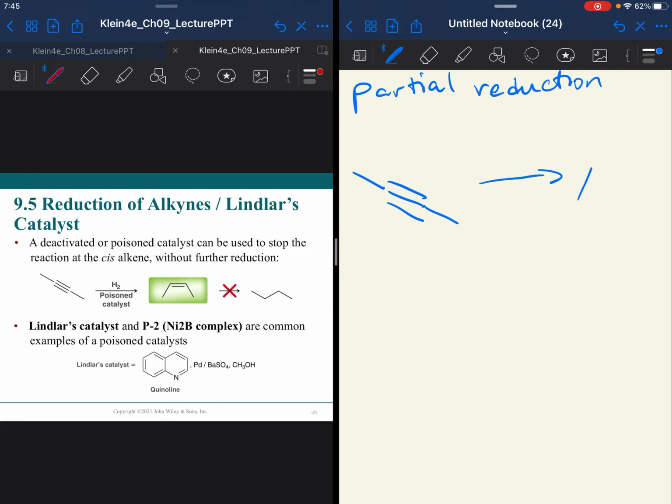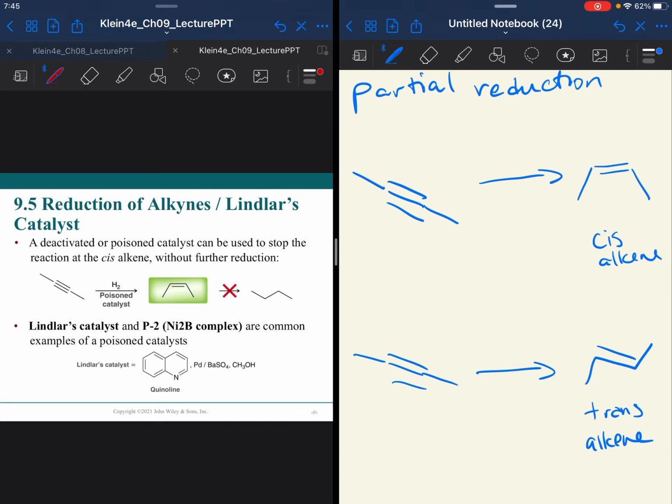We have one reaction that will allow us to make a cis alkene, and we have another reaction that will allow us to make a trans alkene. Both of these are partial because we're adding one H2 molecule instead of two, which would be fully reducing it. And let's talk about the reagents.